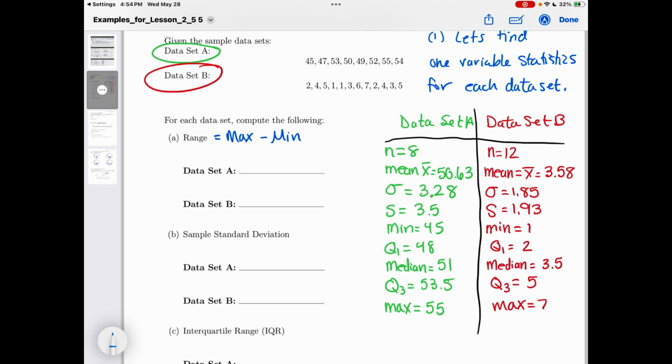Now, just a quick refresher, the range is the maximum value minus the minimum value. So when I look at data set A, the maximum value is 55 and the minimum value is 45. So the range of the entire data set is equal to 10.